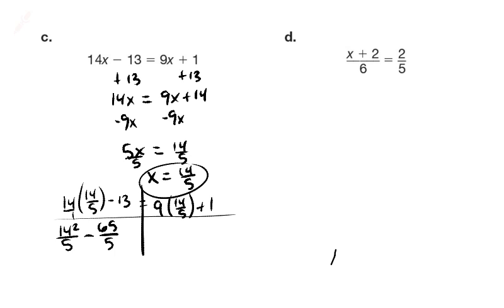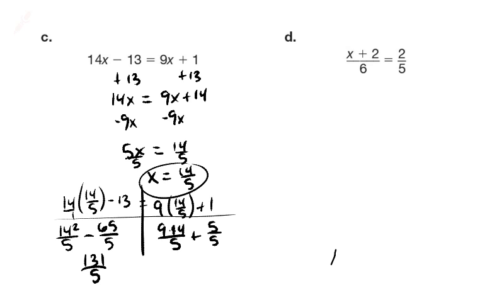So on this side I'm going to take 14 and square that, and I'm going to subtract 65, and I get 131 over 5. I'm going to leave that for a minute and go to the right hand side. On the right hand side I have 9 times 14 over 5, and I'm going to compare that to 5/5, which is equal to 1.